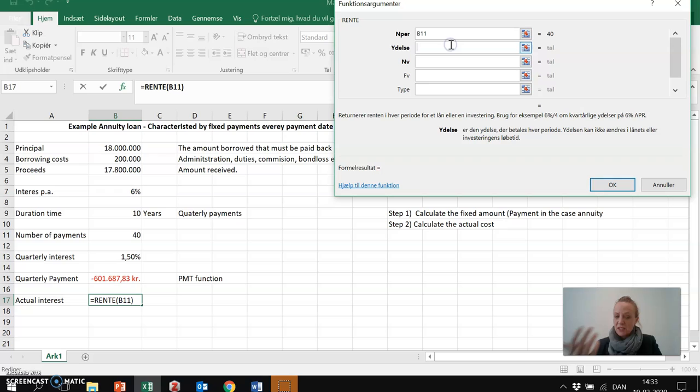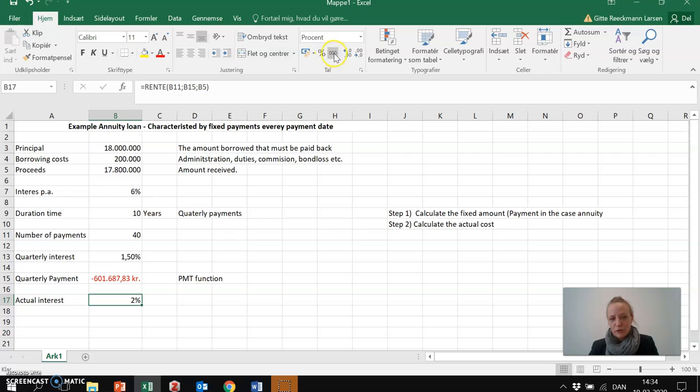Now the payment you just calculated, the minus 601,000, is the payment, and the present value of this is the 17.8 million, because they don't actually receive the 18 million. Now put a few decimals on it, and you will see that it is not only 1.5%, but it is 1.561%. You have now considered the 200,000.